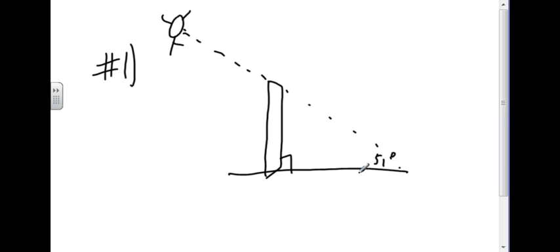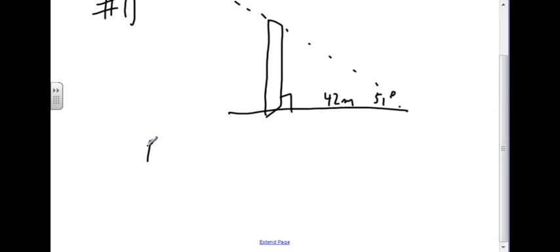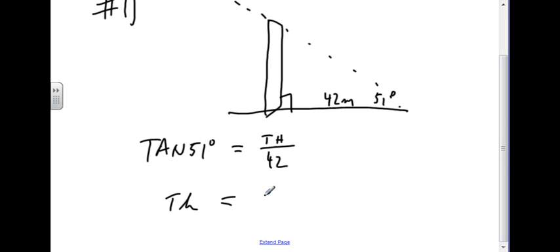Oh, wait a minute, 42 meters. What do you think? Tangent? The tangent of 51 is opposite, tower height, divided by adjacent, 42. Tower height is 42 tangent 51.